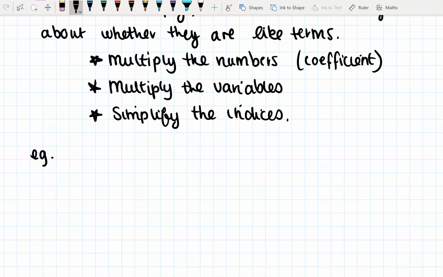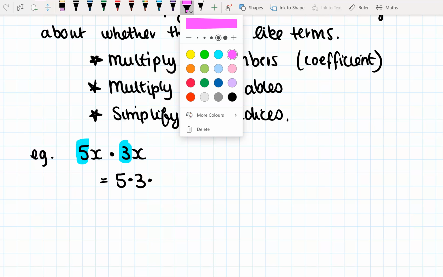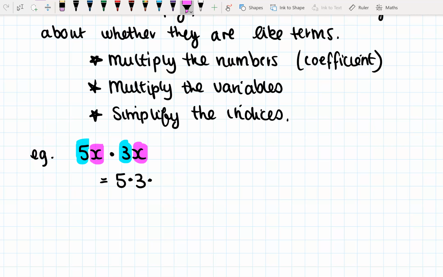So for example, if I said to you, I want you to do 5x times 3x. Our steps were multiply the coefficients. So we're going to multiply 5 times 3. Next step was multiply the variables, and in this case our variables are x and x, so we've got times x times x.